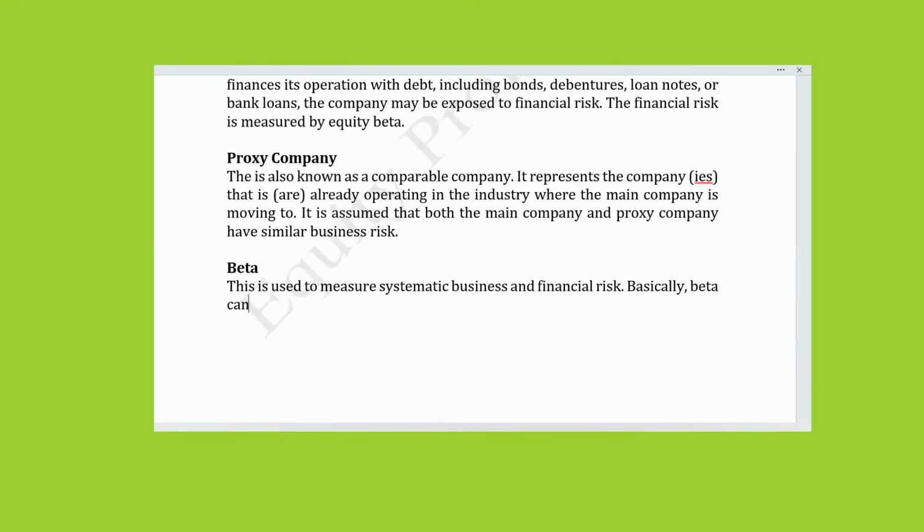Basically, there are two types of beta, including number one, asset beta. Examiner can ask you to explain some of these things.